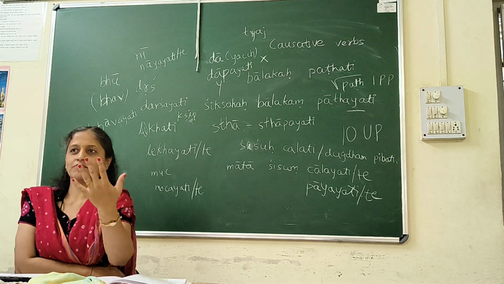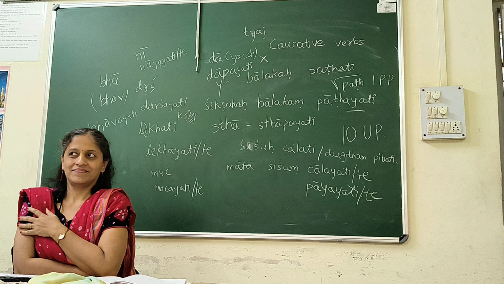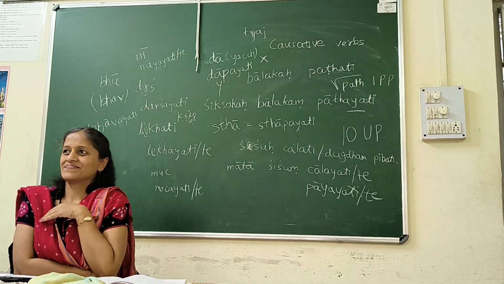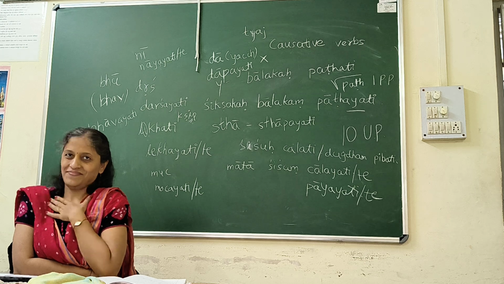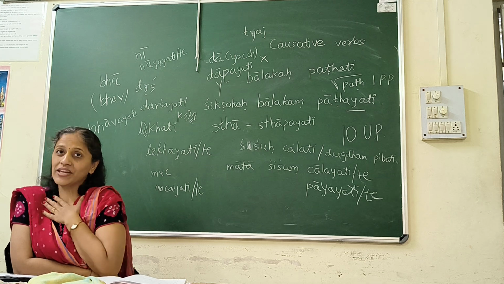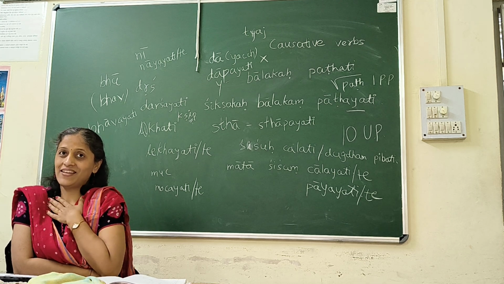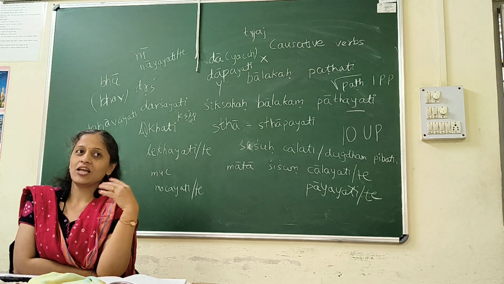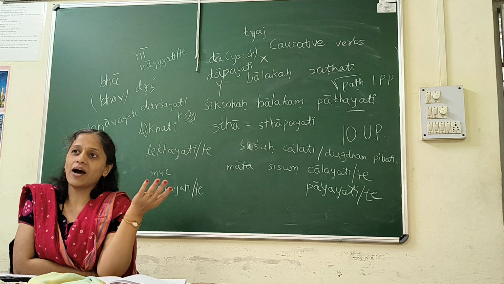Sentences will be, I make someone do something. Aham chhatran patham pathayami. It means I make someone do something. If I am doing it, then it is first person singular. Aham chhatran patham pathayami.